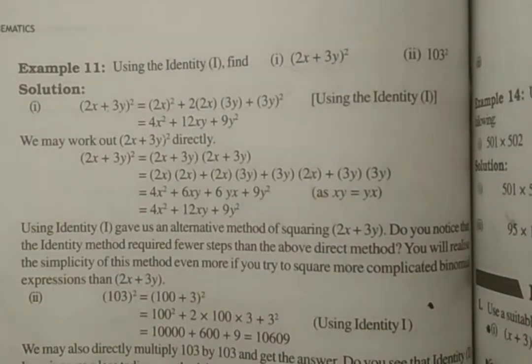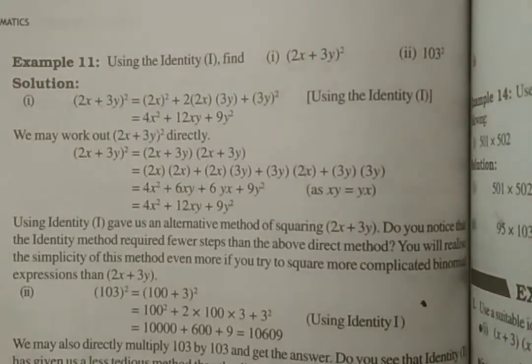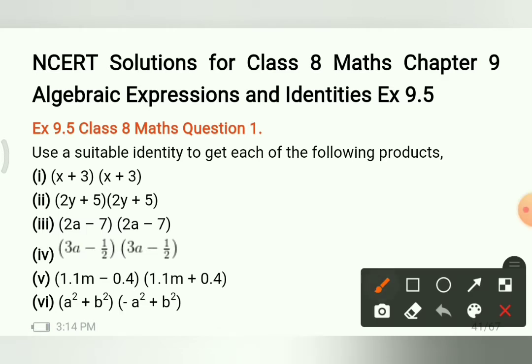Now let's solve exercise 9.5. It says that using a suitable identity, get each of the following products. That means you have to multiply the first term with the second term, using the identities which we have studied earlier. So now x plus 3 into bracket x plus 3 is the same as a plus b the whole square.